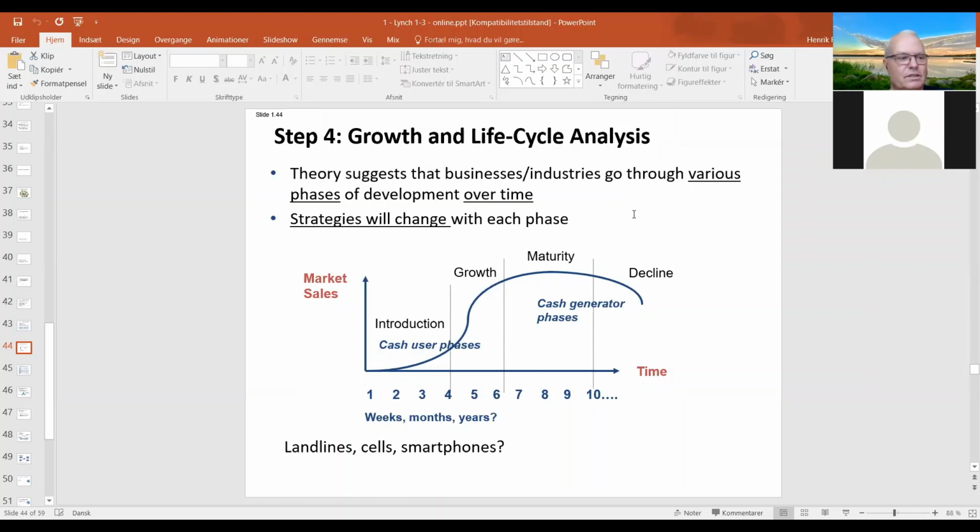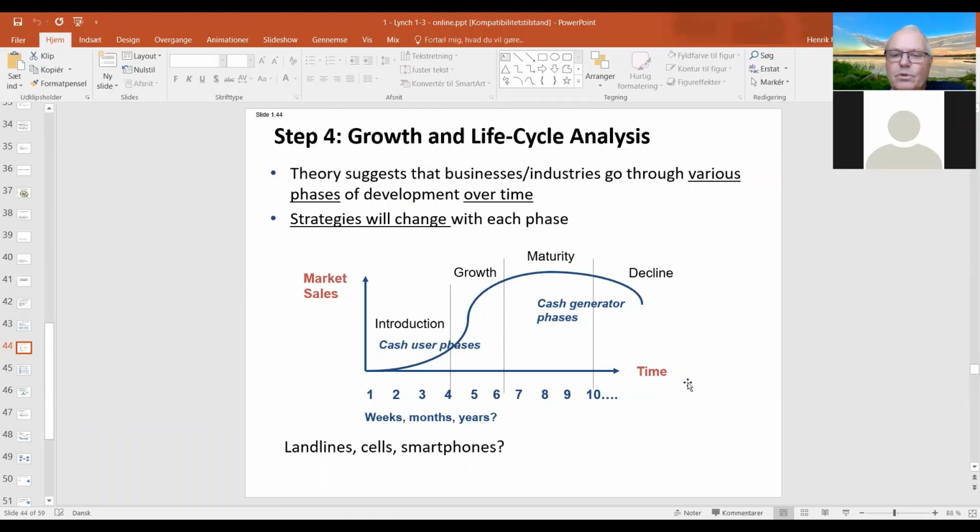Now, let's do something else here. Let me say that we go down here and say we have weeks, months, or years. That could be 1 week, 2 weeks, 3 weeks, or it could be months that we are illustrating. Basically, we are illustrating time down here.